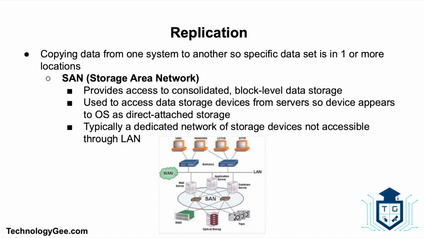And a SAN, this is a computer network which provides access to consolidated block level data storage. SANs are primarily used to access data storage devices such as disk arrays and tape libraries from servers so that the devices appear to the operating system as direct attached storage. A SAN typically is a dedicated network of storage devices that are not accessible through the LAN.